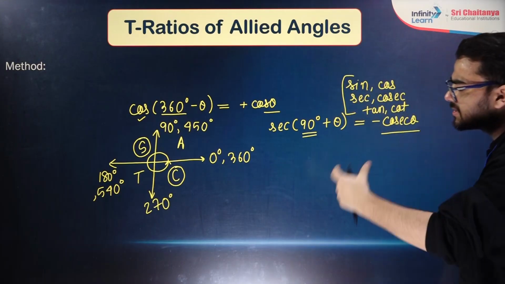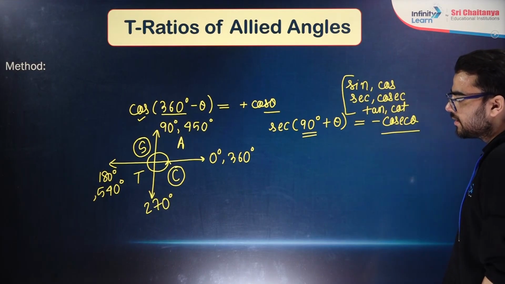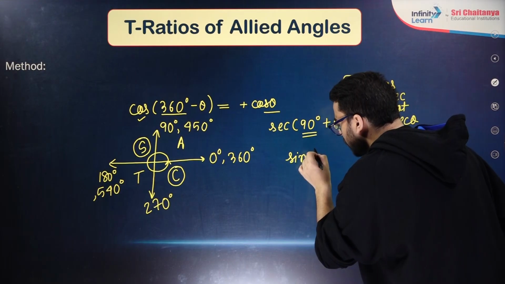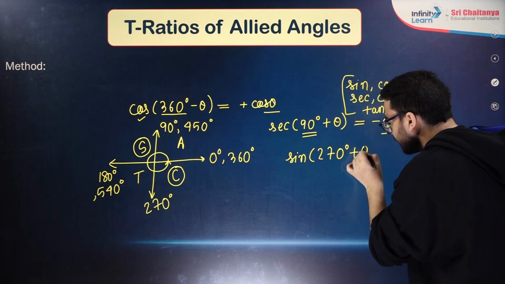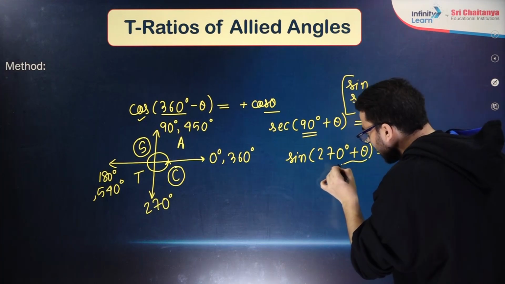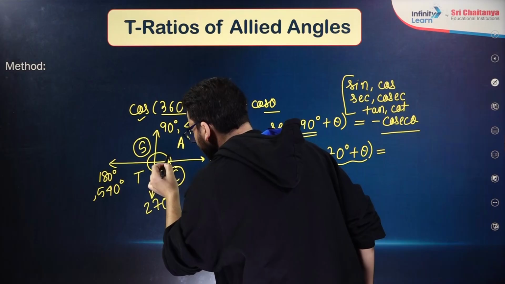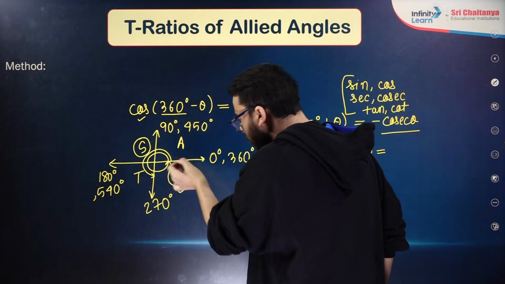In the same manner, suppose I give you another example. For example, suppose they are saying sine 270 plus theta. You have to see this angle is in which quadrant. You start from 270, and 270 plus theta means you are in the fourth quadrant.